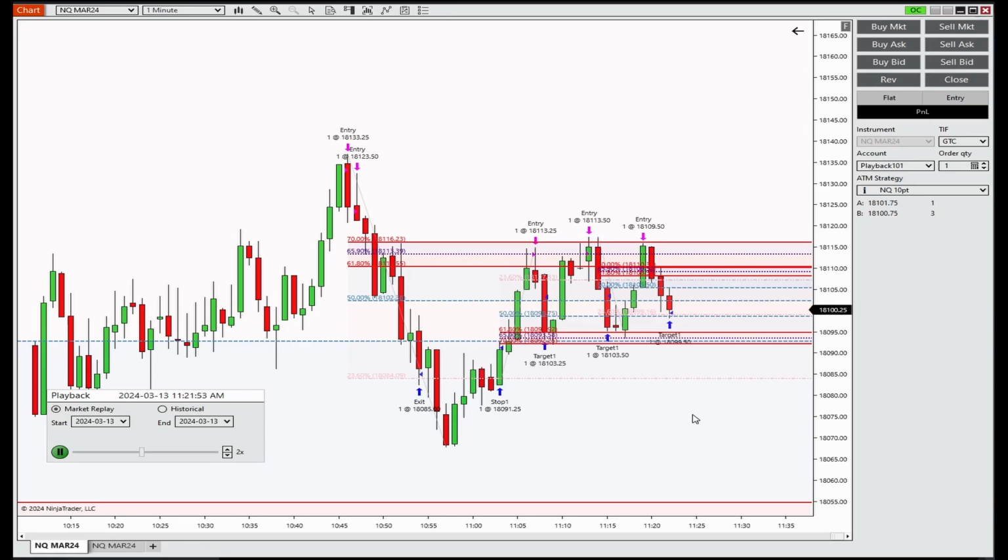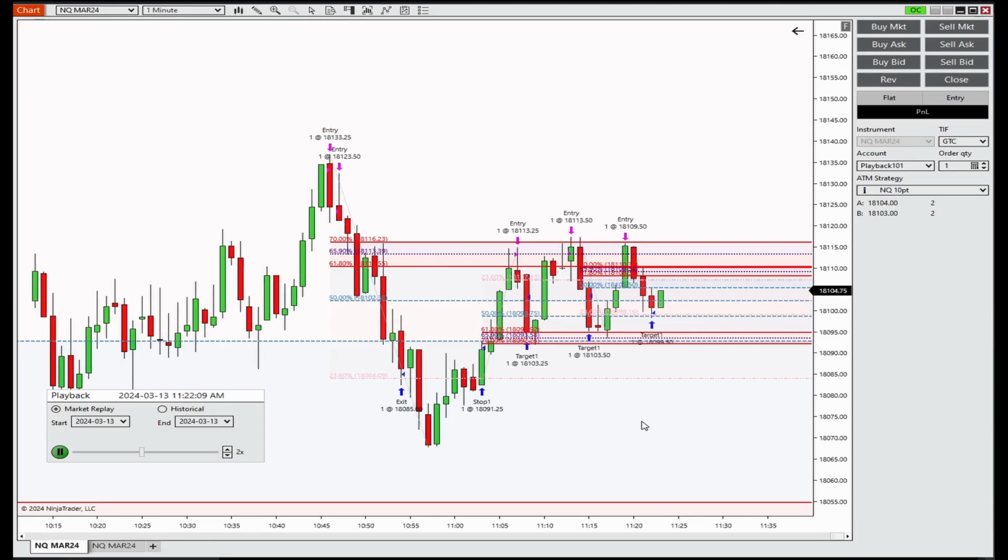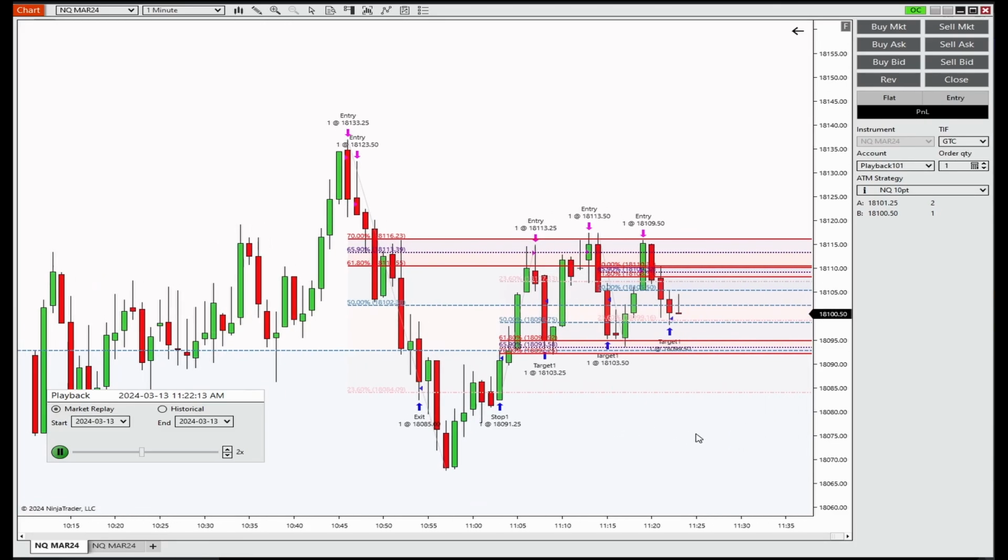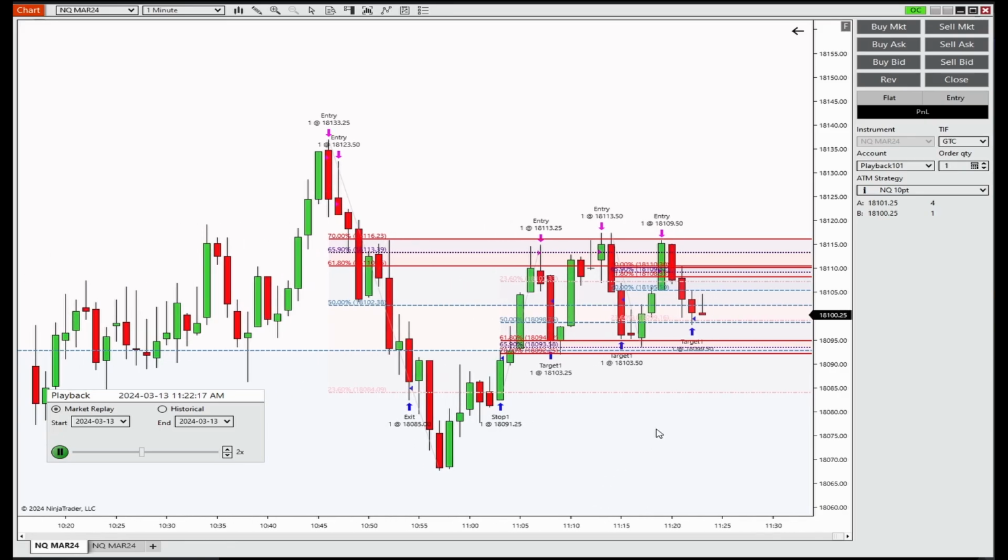Which tells us that we're probably going underneath this, and then we're probably going to blast down here. I'll take the money, sure, but those are trades you get wrecked on in live markets.